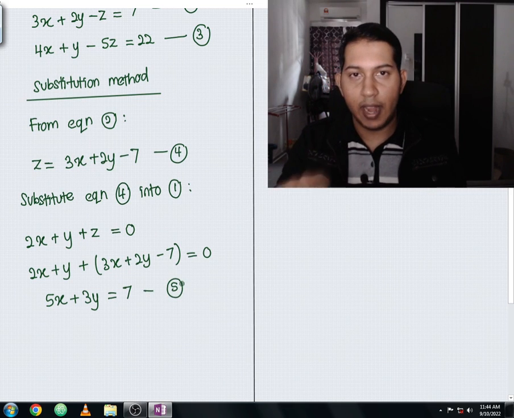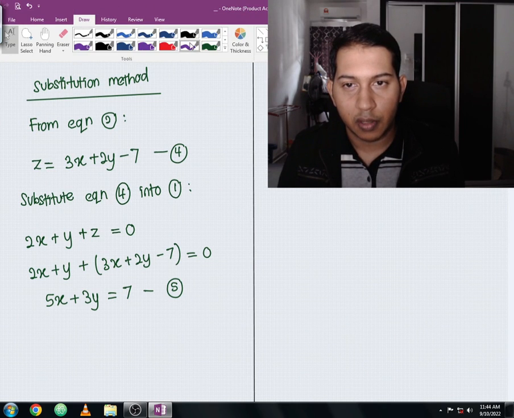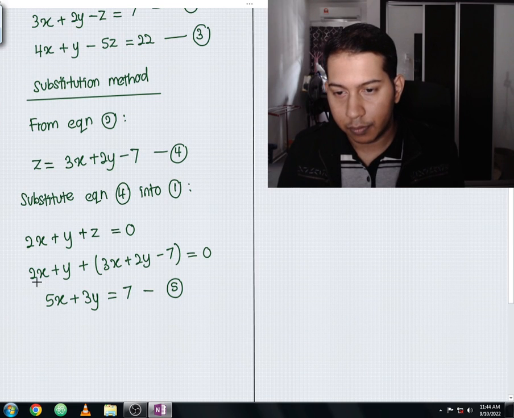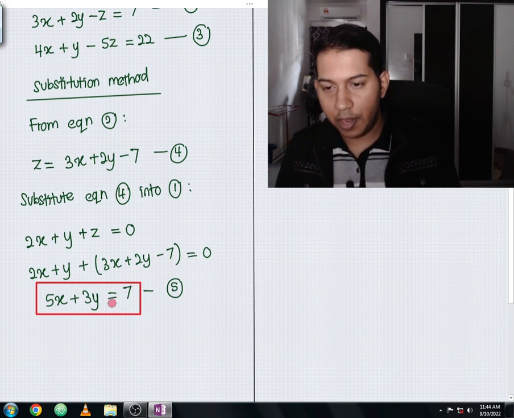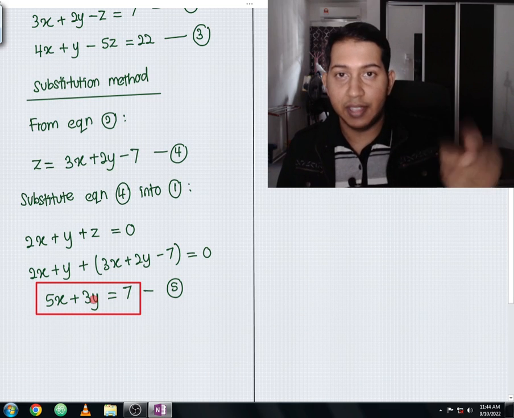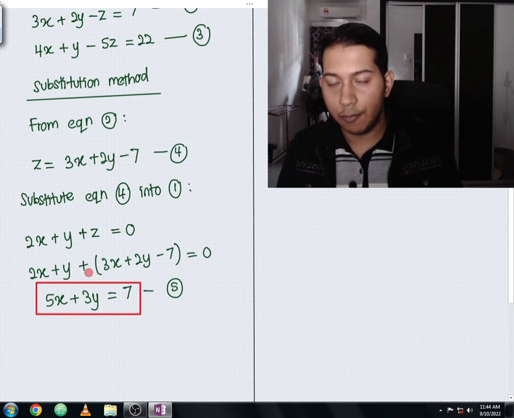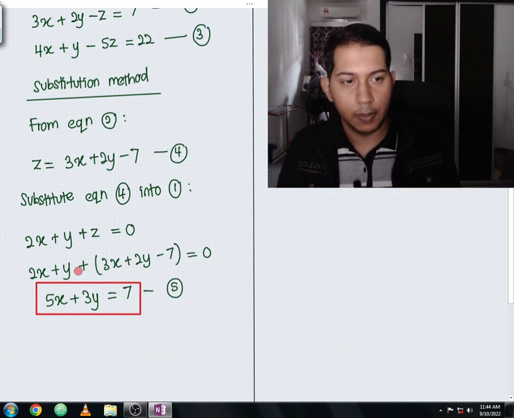So what I'm going to do is box it. So we have already formed our first 2 variable equation. Remember, guys, we need another equation which involves the 2 variables, then only we can further reduce from 2 variables to 1 variable.